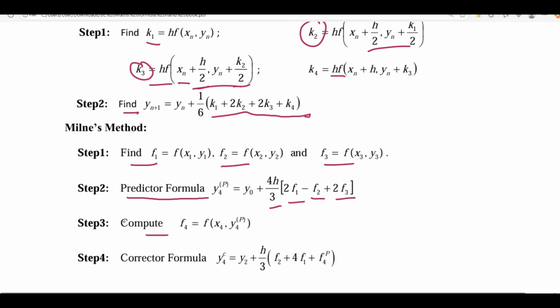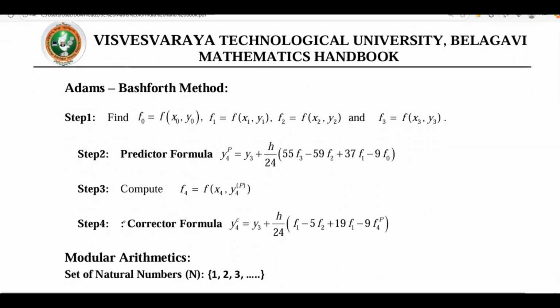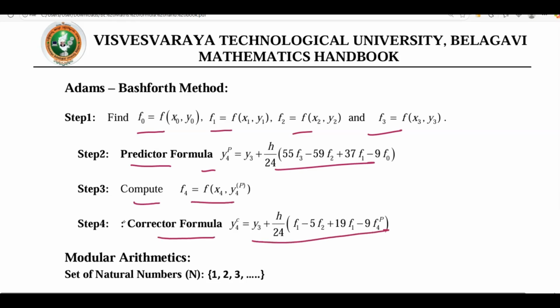Then computing f4, you correct the formula by using y2 plus h by 3 into f2 plus 4 f3 plus f4p. Then you have the next one, the Adams-Bashforth method. You need to find f0, f1, f2, f3. Then you use the predictor formula, compute f4, and then correct using the corrector formula.